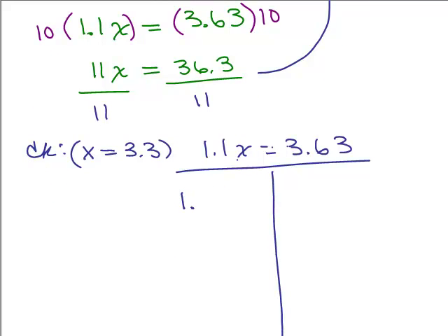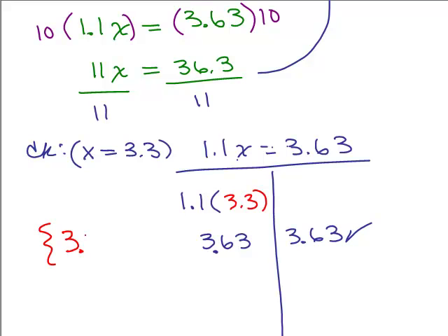So we've got 1.1 times 3.3. All right, so we have to do 11 times 33, and that is 363, and then move the decimal in for each place. So it's 3.63. On the right, we've got 3.63, so it does check. So that means our solution was correct, 3.3.